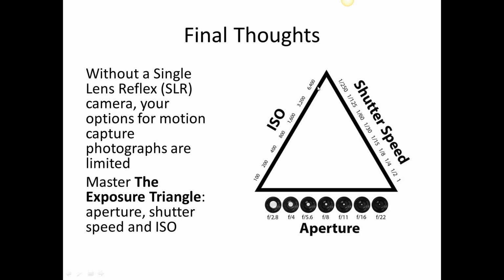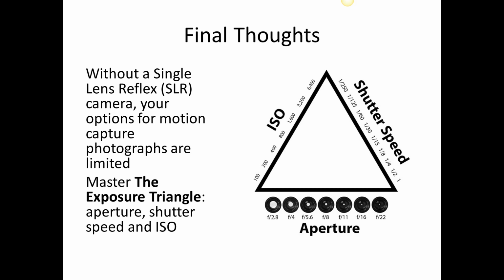Now, the variable that you can change here that will impact these two other elements is your ISO. Remember, the ISO is really the sensitivity of your camera to light, and you can adjust it. Typically they go from like 100. Well, my really good Nikon camera goes to, I think, 64,000 ISO.